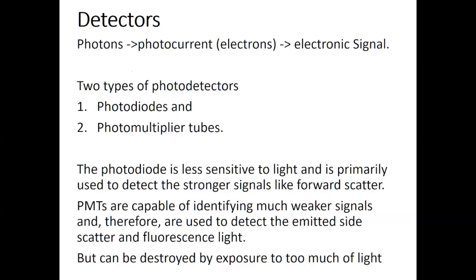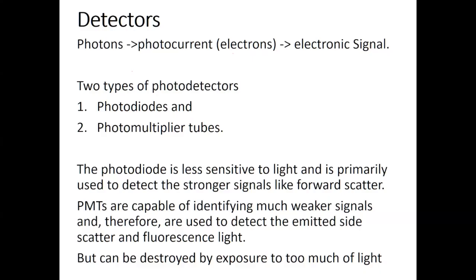Because forward scatter light is in the same direction as your laser light source. Obviously, it will be strong, whereas the other light is all a part of scatter. Forward scatter will be almost the predominant part of your incident light from the laser, right? Whereas the side scatter and fluorescent light will be almost like 1% of it, I'm just telling you 1%, okay? So it is very weak.